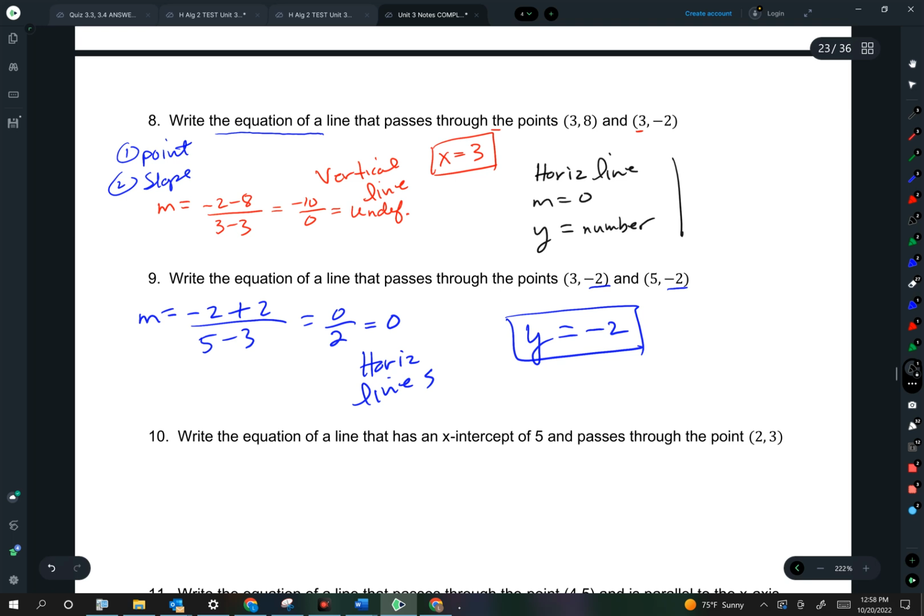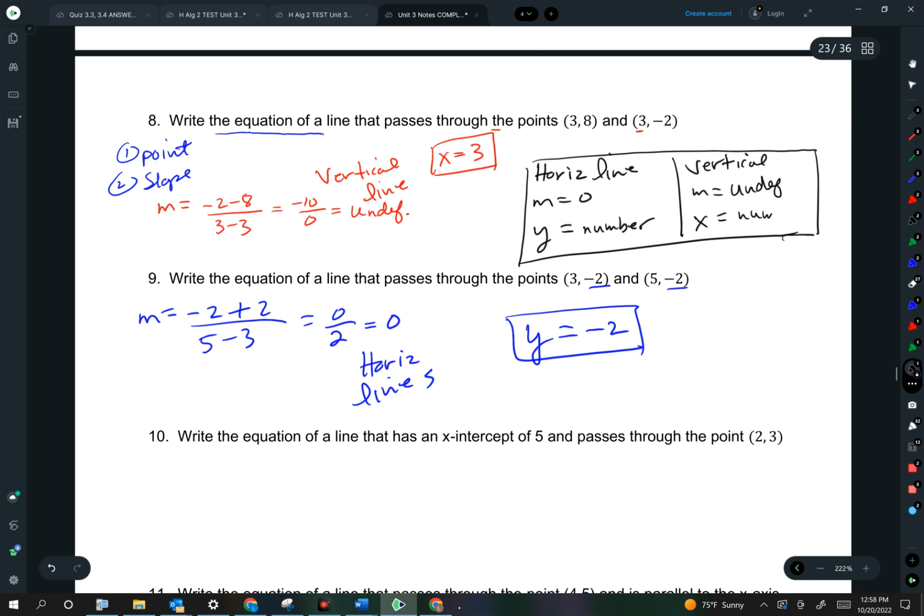Look, I'm making a box. Boxes mean important, right? All right, and anytime I have a vertical line, I know the slope is undefined, and I know the equation is always x equals some number.